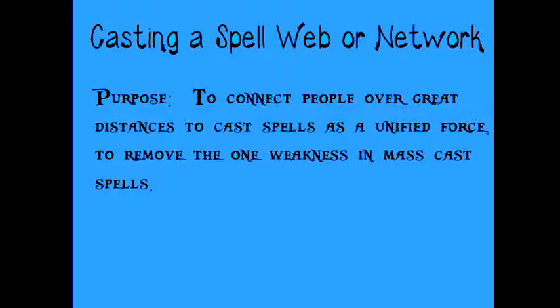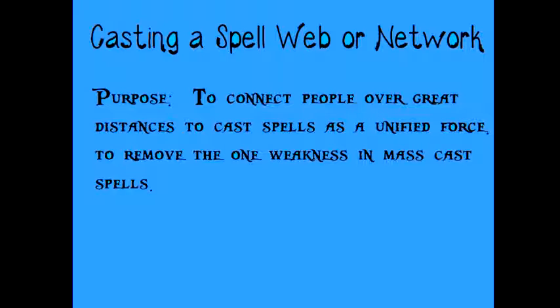Again, I think that this should be written by the person asking for the network spell. And so in this case, William would be writing a spell. He would email it to us, and we would perform that ritual, that incantation at our sacred space.